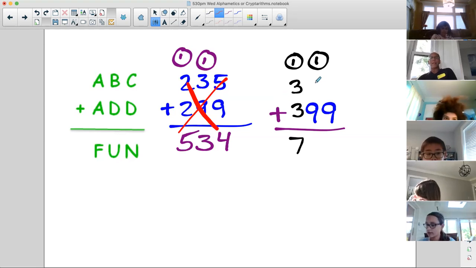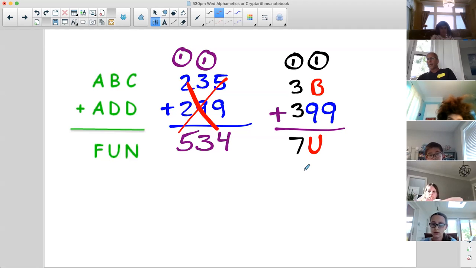What if this is a 6? Then, oh no, that would not work. Oh, guys, look, whatever B is must be the same as U, and that is why 9 doesn't work.